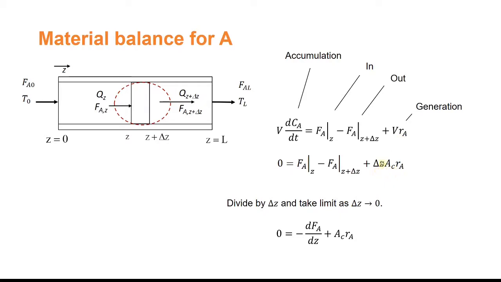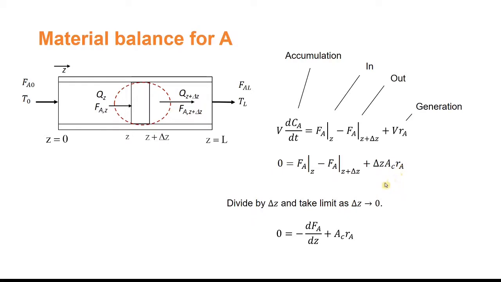So the volume V is the length of this control volume multiplied by the cross-sectional area of our reactor. So AC is the cross-sectional area. Delta Z is the length of the control volume. So this is our volume multiplied by the rate of generation of A.